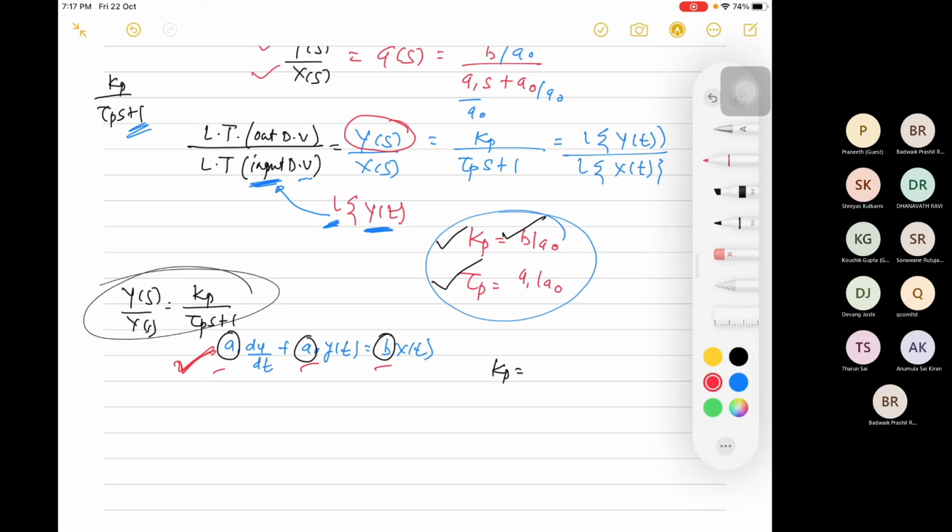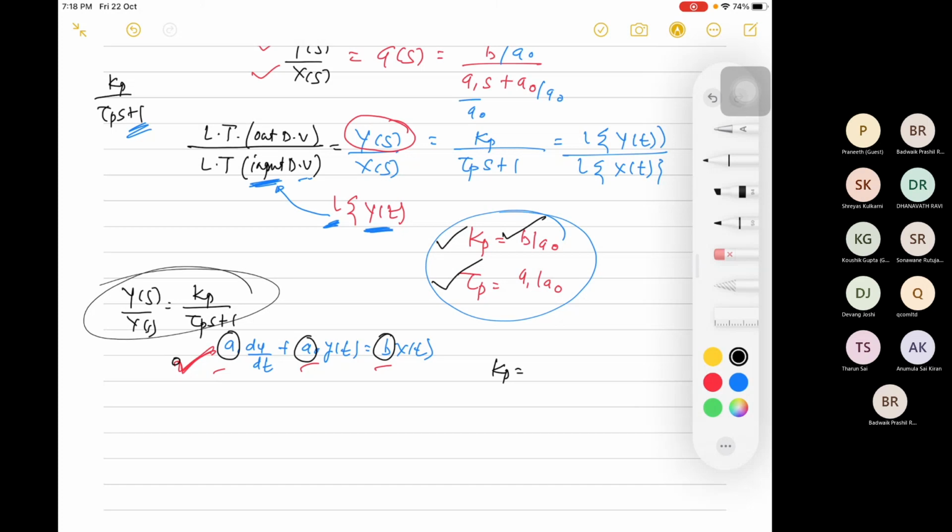Always remember the formula of Kp, the formula of tau p, or there are some standard systems where Kp and tau p are already known, you just mug up that. Why am I telling you to mug up? Because in GATE exams you are not going to derive that. First we'll derive, and during GATE we will not derive. We will just remember that and write everything we know, because if you derive them, it would be really trouble for you to score.